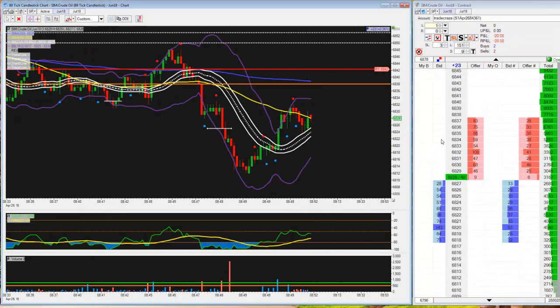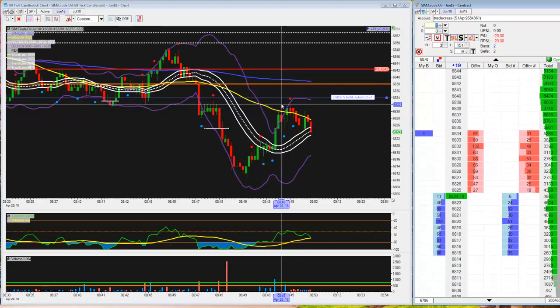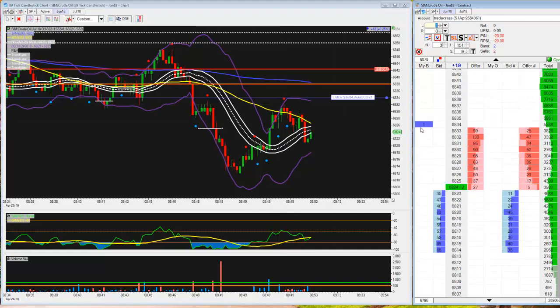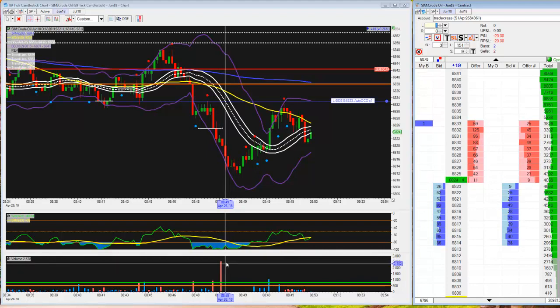Got a long signal here at 34. $33, based upon the highest volume bar being red now.